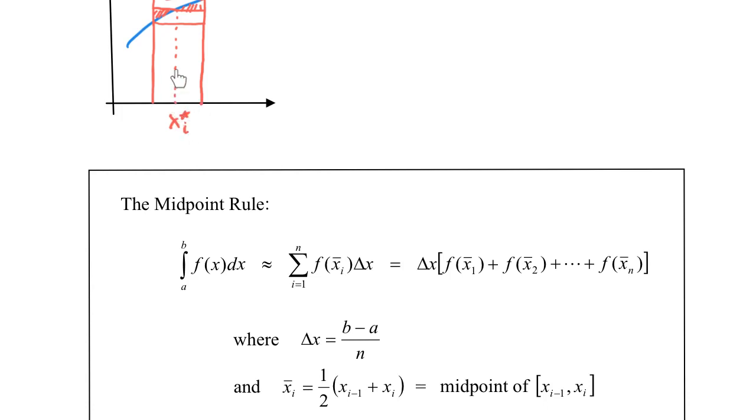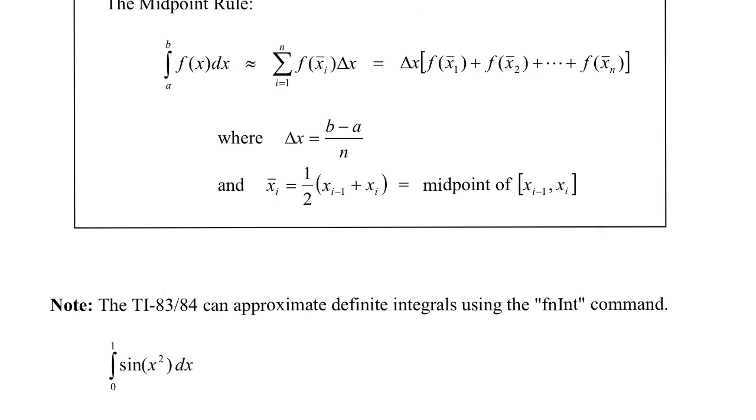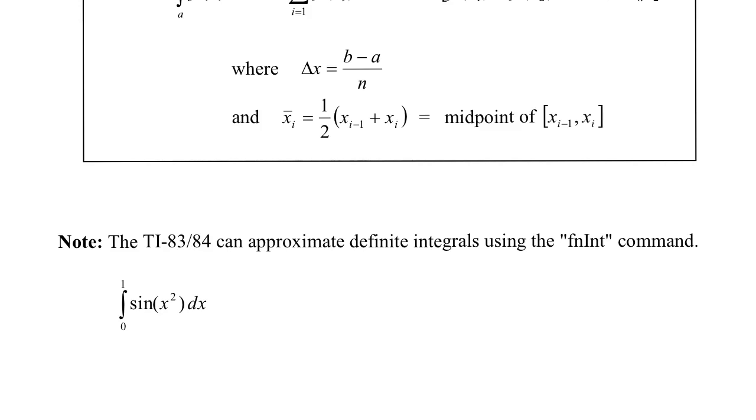So you use this number to get the height of the rectangle, the midpoint, the point right in the middle. And delta x is the same as before, right? B minus a over n. So let's just try this formula out and see what we can do.